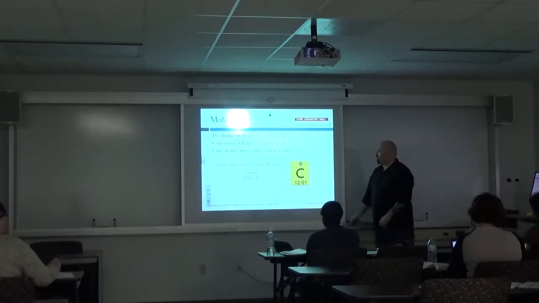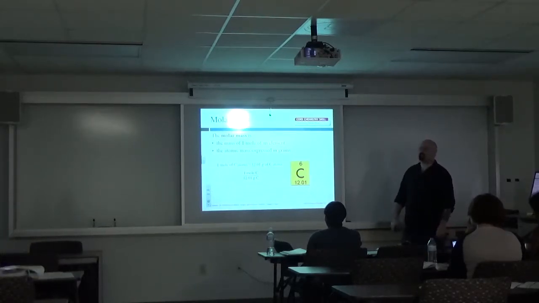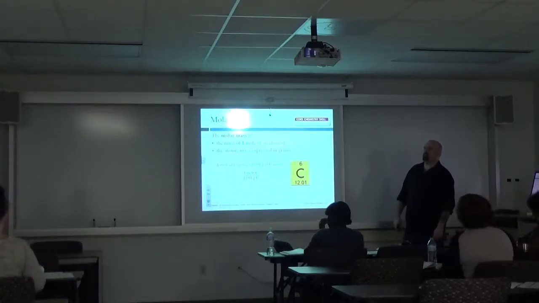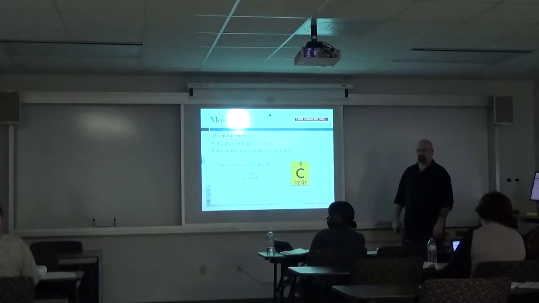Molar mass of 1 mole of carbon, therefore, is what? 12.01 grams. Chlorine's molar mass is 35.4527. So what's the weight of a mole of chlorine going to be? 35 point whatever I just said. Because our memories are sharp, right?